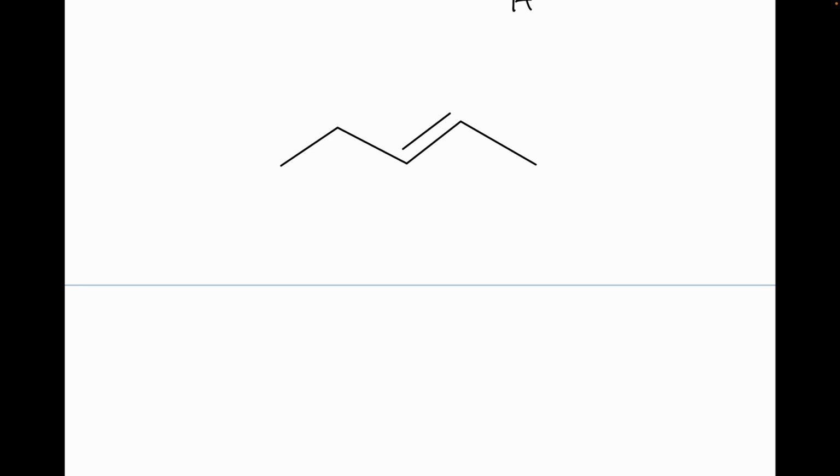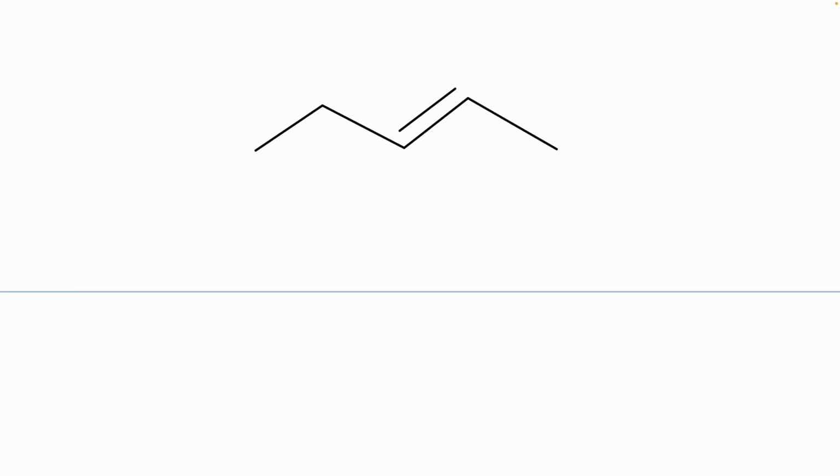You're just going to highlight, circle your atoms that all lie in the same plane here. We're going to have 6 atoms that lie in the same plane. We have our 2 sp2 hybridized carbons, the one on either side of the double bond, as well as all the atoms that are directly bound.